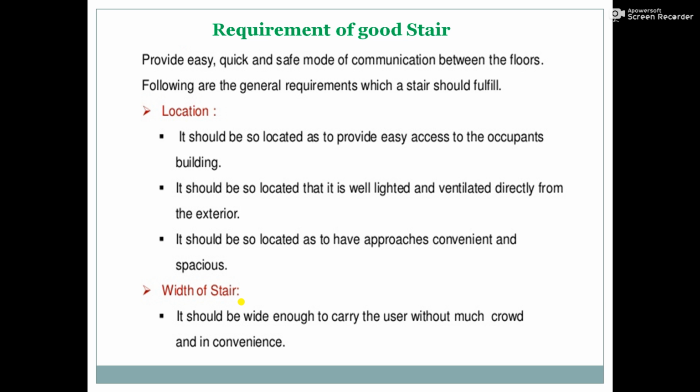So the location of the staircase should be such that it is easily accessible for all the occupants of the building, and it should be lighted and ventilated properly with the help of the exterior only.